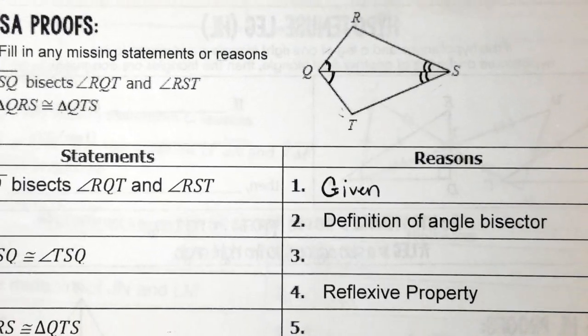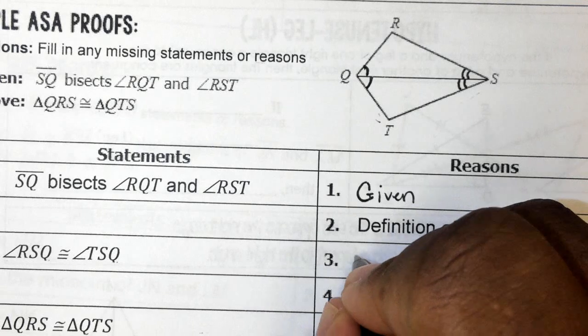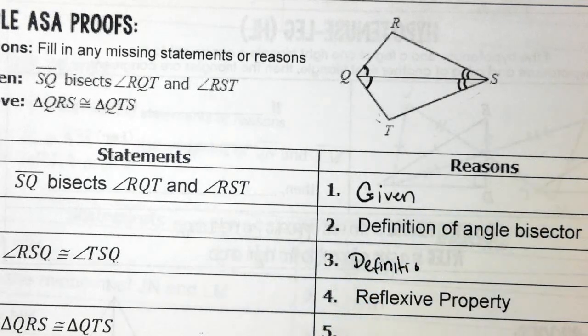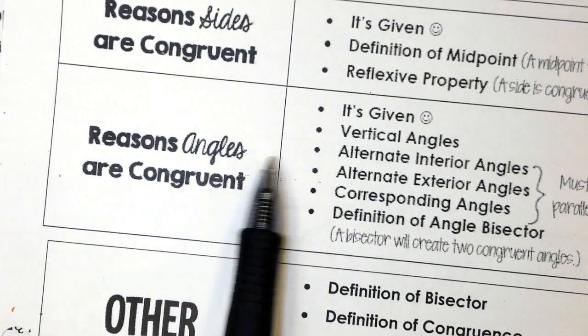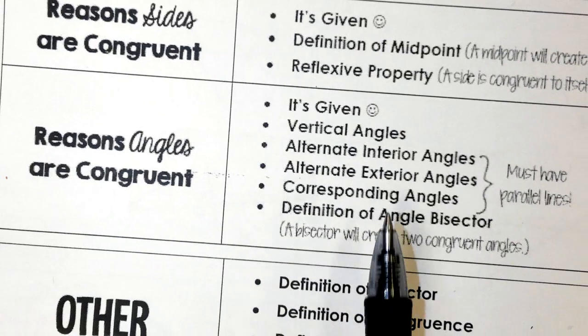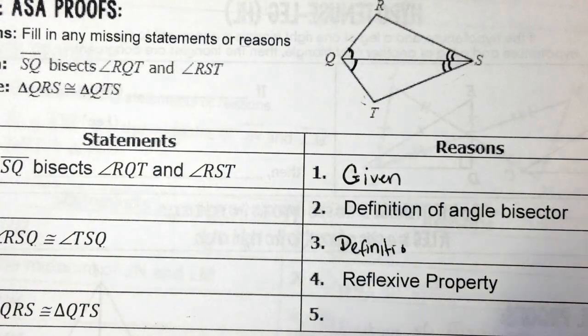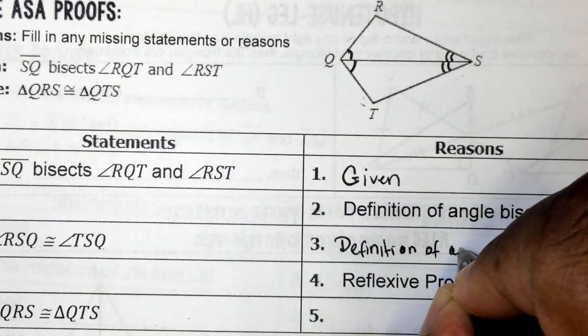If that's the case, the reason we know those angles are congruent is the definition of an angle bisector. Look at your reason chart. Keep using it. There's only so many reasons we're going to have for angles to be congruent. Pick the one that makes sense for your situation. Definition of angle bisector.